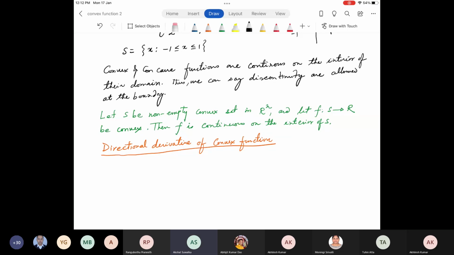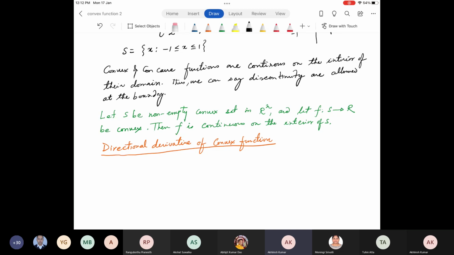Along one particular direction, what is the derivative? That is called the subgradient. We will look at that next, but before that, we will understand a few more things.